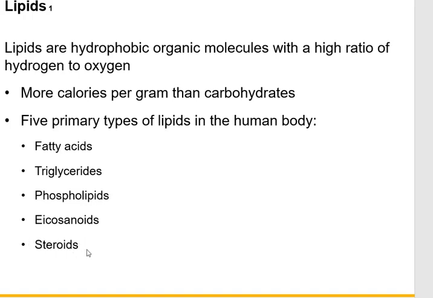Steroids, your steroids, testosterone, estrogen, progesterone, hydrocortisone, all of those are lipids, and they're actually forms of cholesterol. So I always get tickled when people say, oh my God, cholesterol is horrible, it's awful. And I'm like, well, actually without testosterone and estrogen, you'd be a mess.